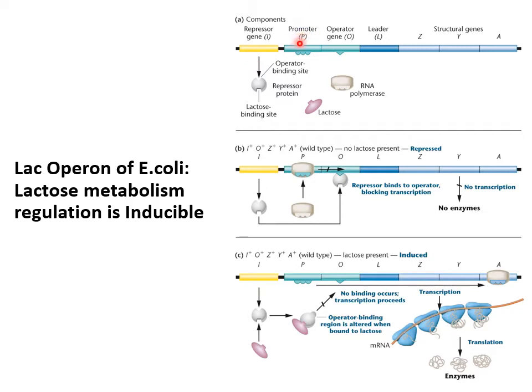P gene stands for promoter, and you already know that a promoter is where RNA polymerase binds to express a gene. You then have the operator, so the O gene stands for the binding site where the repressor will bind, the repressor that was made by the I gene. You don't have to worry about L. We won't be going into those details at the moment. So focus on I, P, and O.